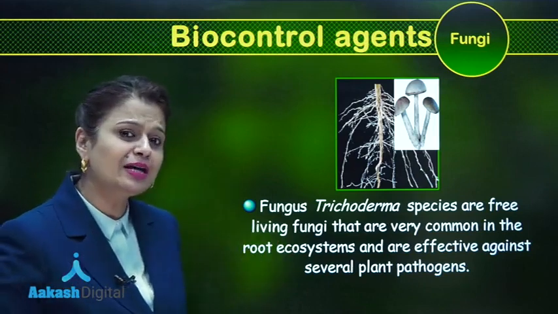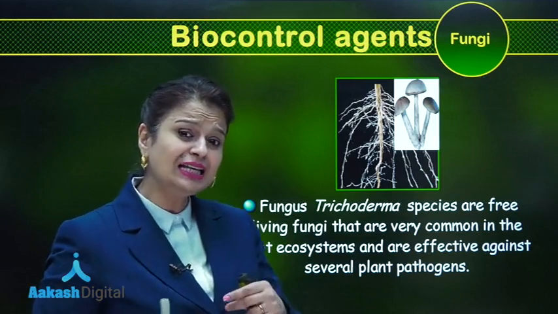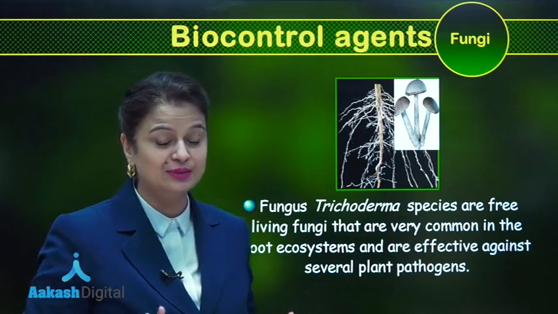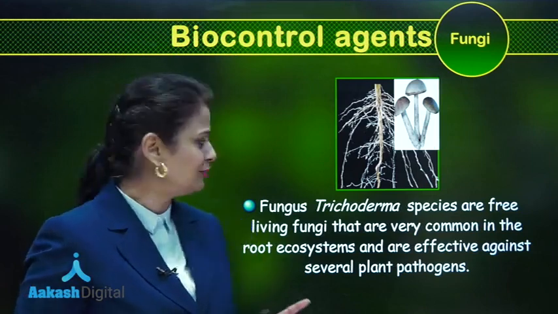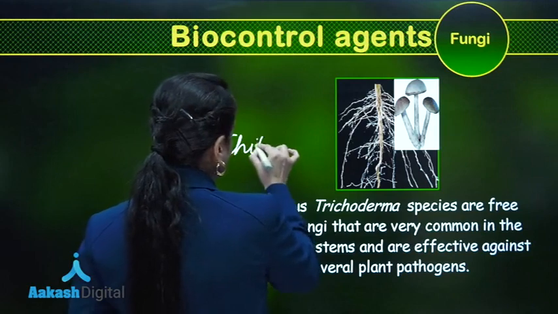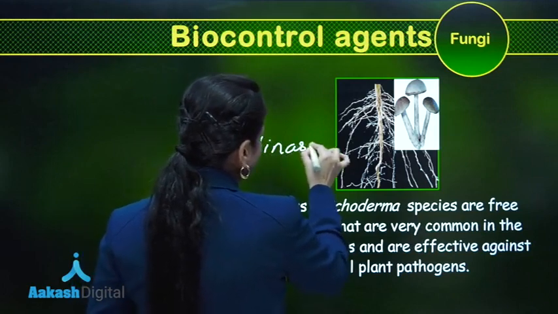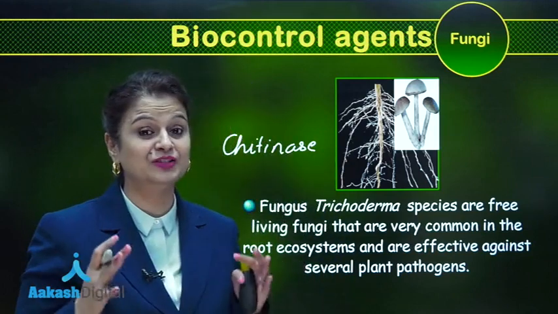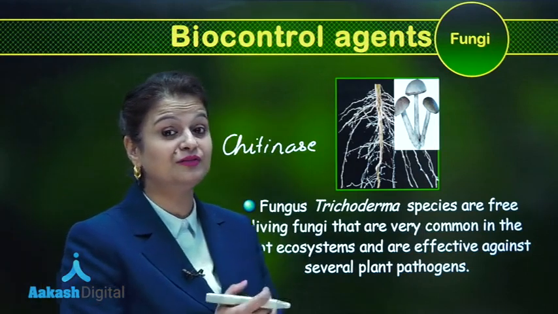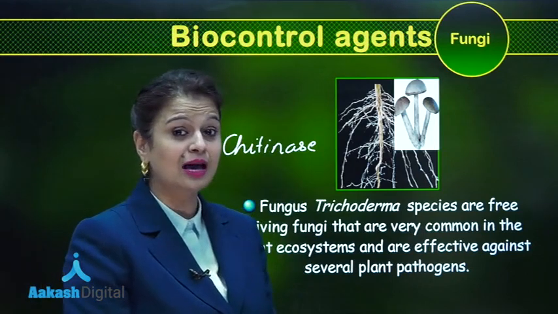Now, Trichoderma is a fungus which can kill other fungi. You know that the wall of fungi is made up of chitin. Now, Trichoderma secretes the chitinase enzyme. This chitinase enzyme digests the wall of fungi. So, this is how Trichoderma can kill other fungi by releasing this enzyme.